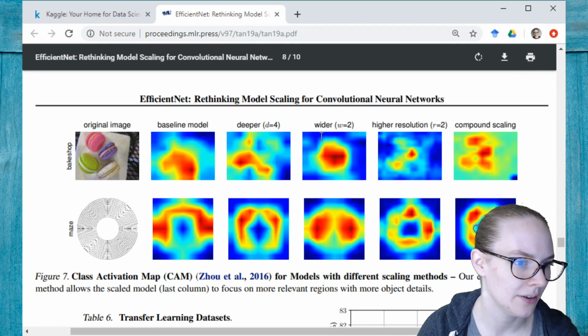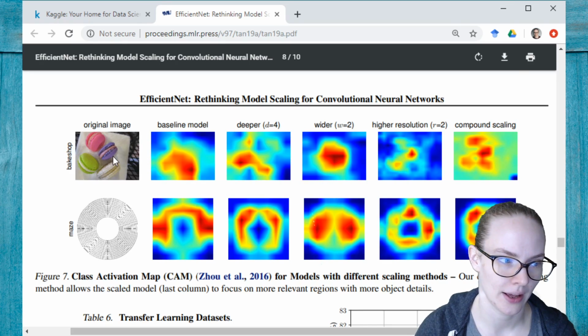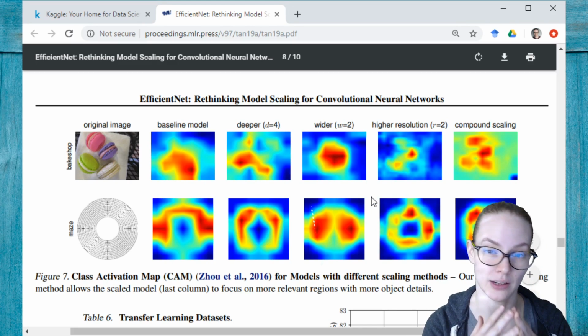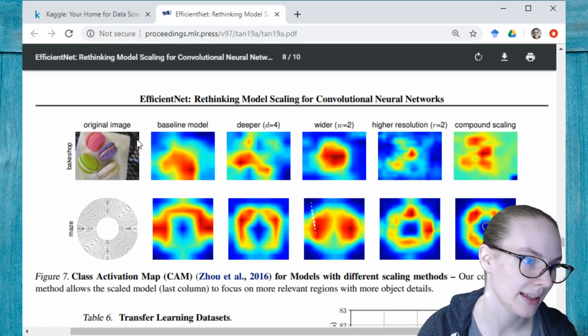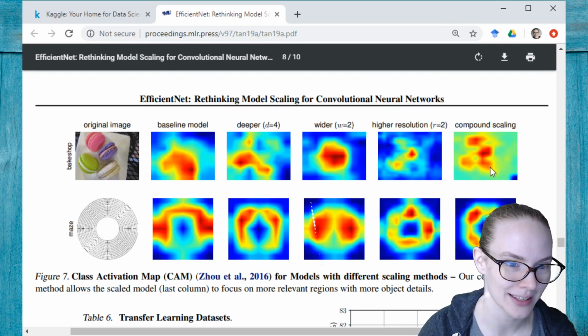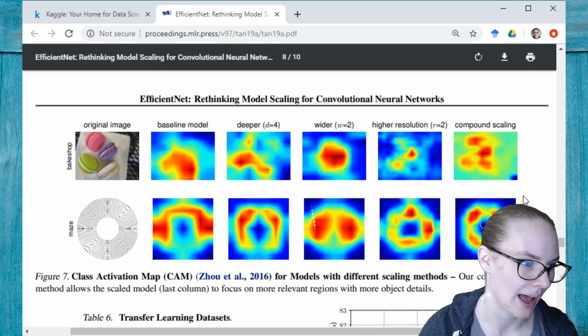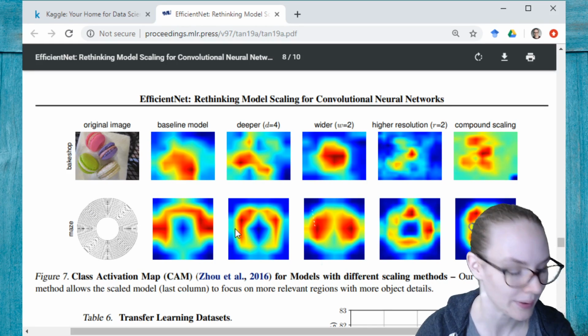Although I would say of the 3 types of scaling, it looks like the higher resolution better matches with my intuition about what you should pay attention to as a human. And then the compound scaling is really looking at each of the macarons, and it's particularly focusing on the filling of this one. And the compound scaling for this one is really looking at the maze and ignoring the white space around it.